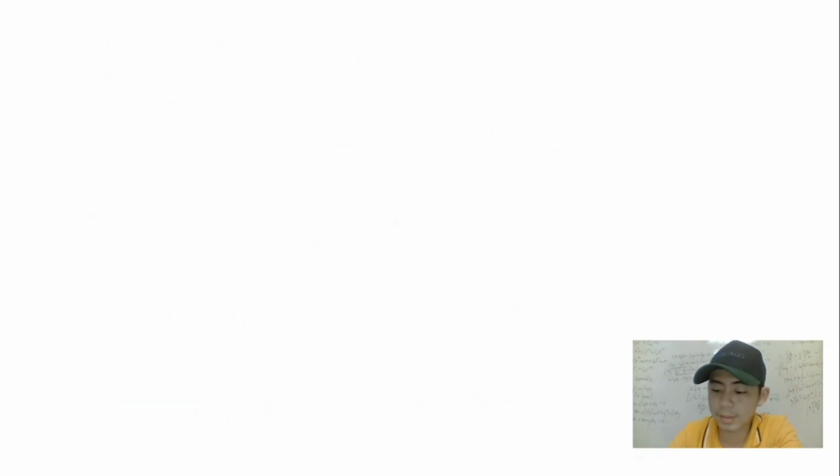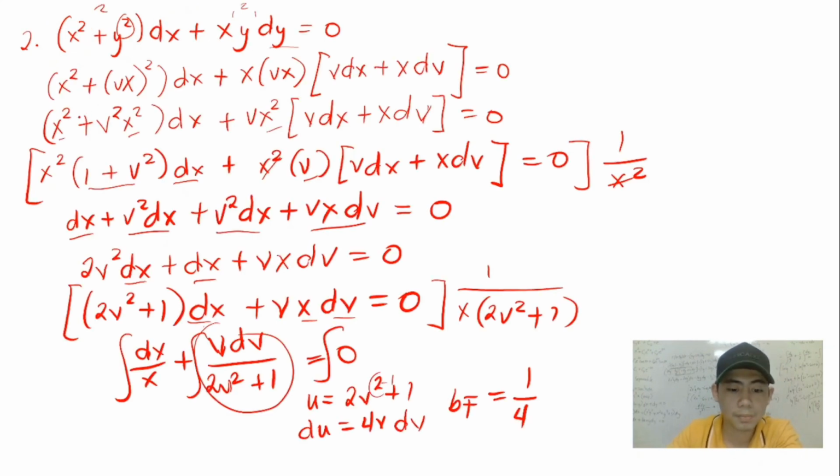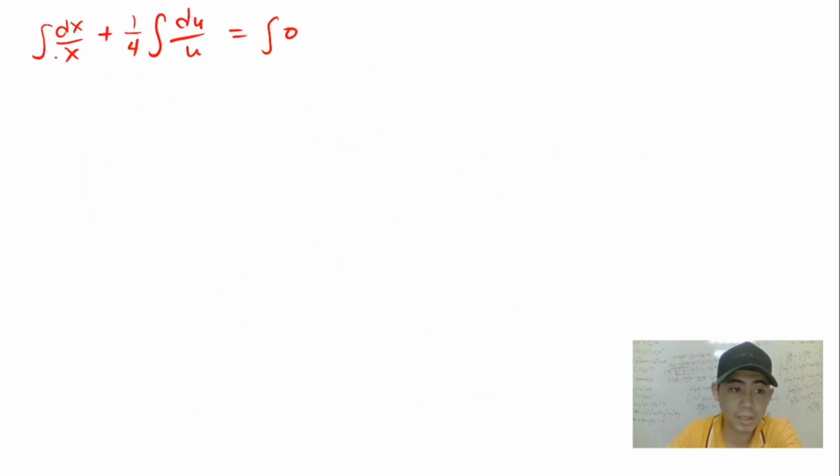Now, let's proceed to the second slide. So first, let's rewrite: the integral of dx over x plus 1/4 times the integral of du over u is equal to the integral of the constant, which is 0. So the integral of dx over x is again ln of x.